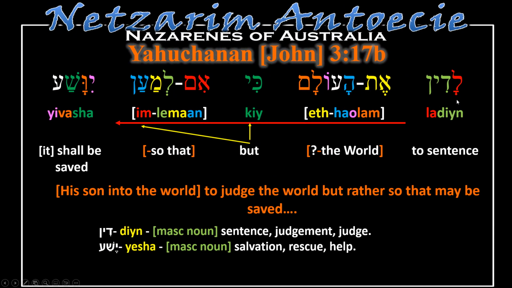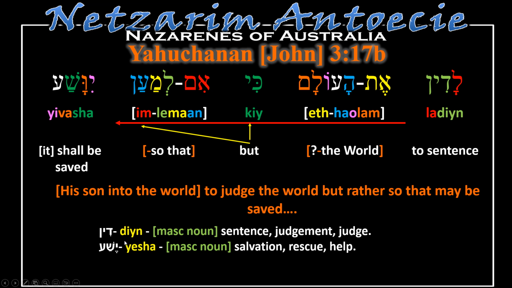And part B of that, we have Lamed, Dalet, Yod, Nun Sofit, Aleph, Tav, Hey, Ayin, Vav, Lamed, Mem Sofit, Kaf, Yod, Aleph, Mem Sofit, Lamed, Mem, Ayin, Nun Sofit, Yod, Vav, Shin, Ayin. Now let's read it. La din, to sentence.